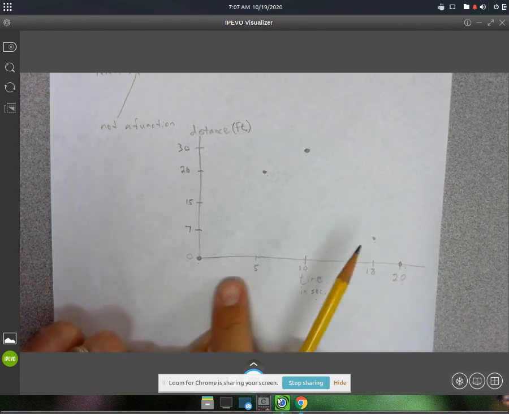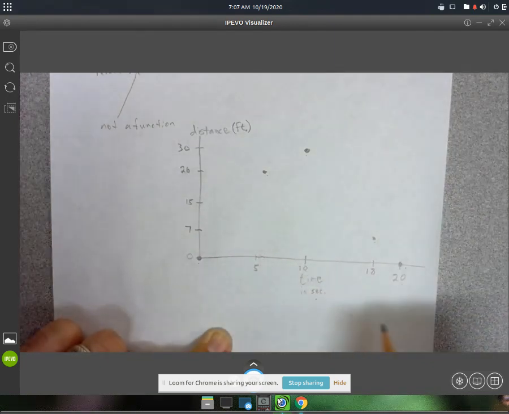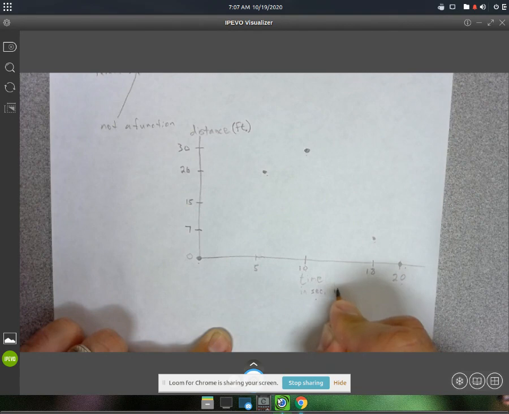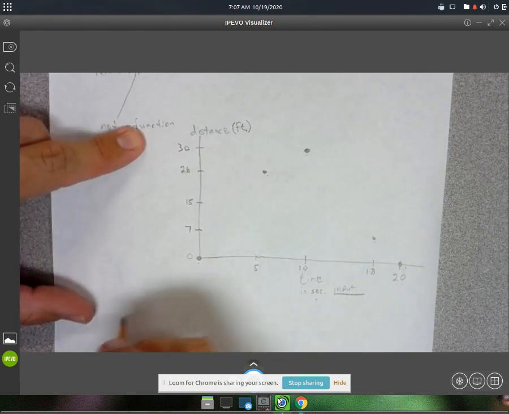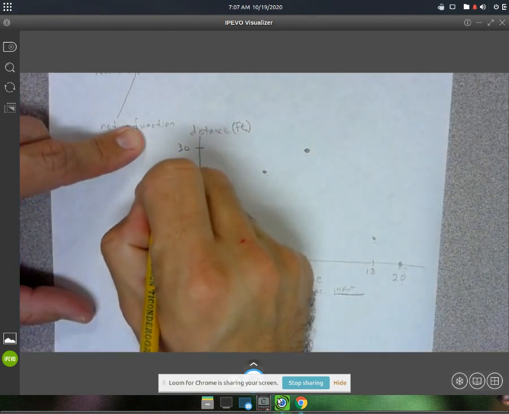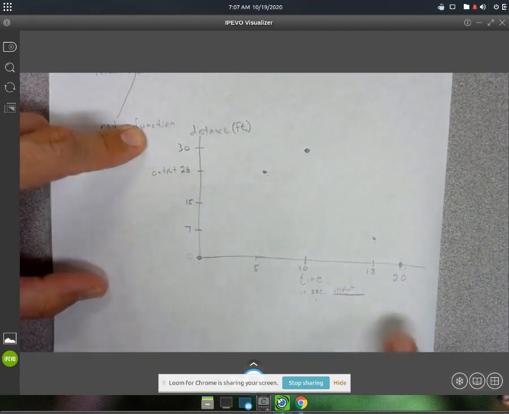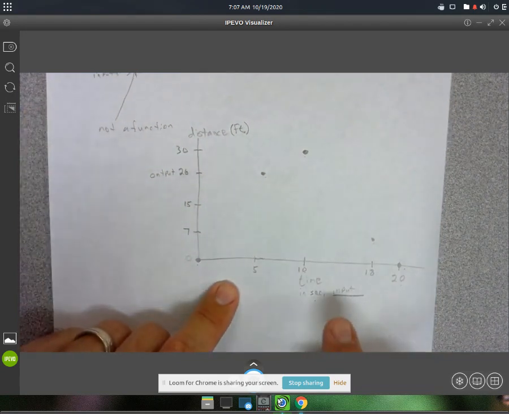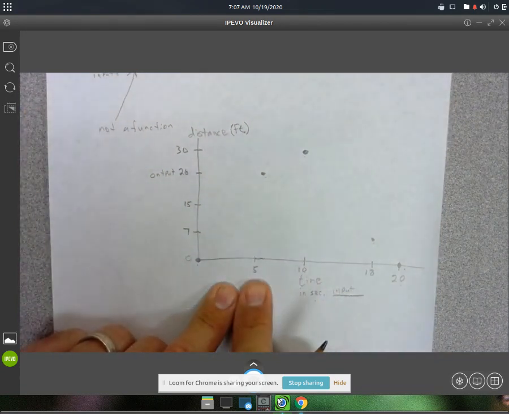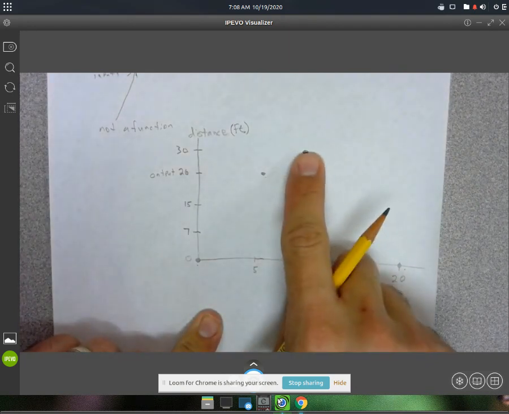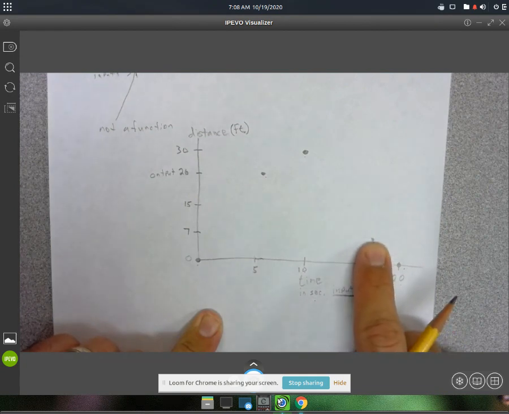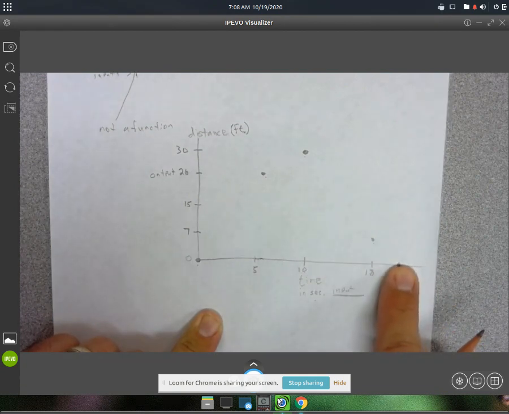In this example, time represents my set of inputs, and the distance I am from the door represents my set of outputs. This is a function because 5 pairs to 26, 10 pairs to 30, 18 pairs to 7, and 20 pairs to 0.